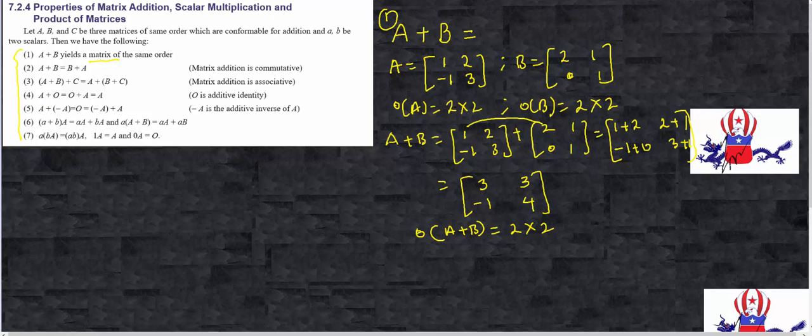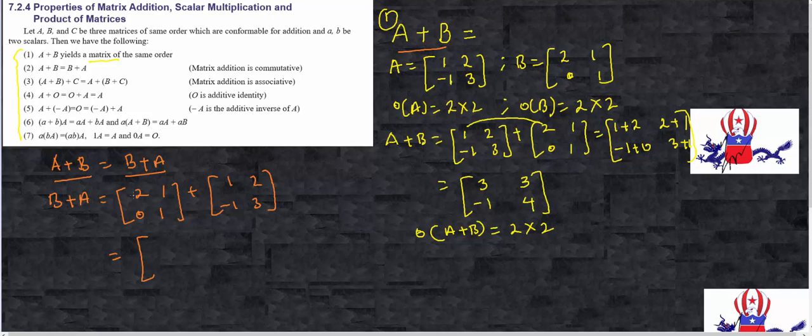Property number 2 talks about addition being commutative. Commutative means if you add A with B and then repeat the process by adding B with A, then A added with B would be equal to B added with A. We can see the same example. I have already added A with B here, so let me now try adding B to A. B is 2, 1, 0, 1, added with A, which is 1, 2, -1 and 3.